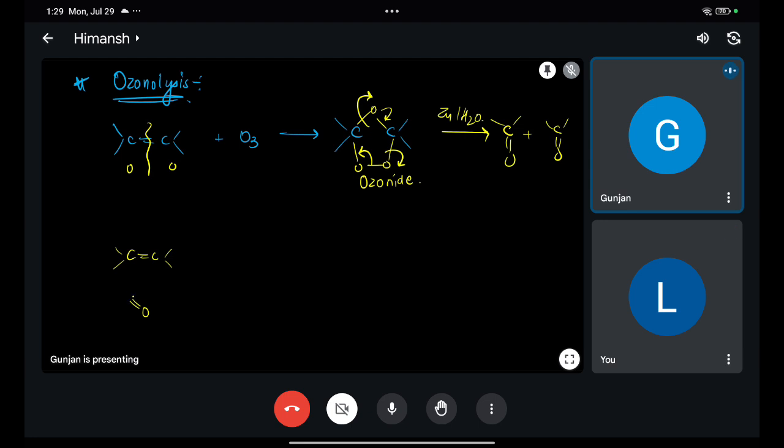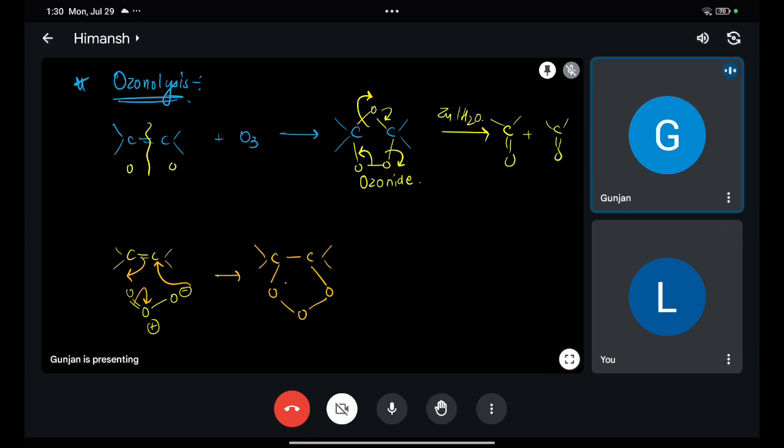Ozone is like this. Correct? So we have to go into the mechanism first of all. A negative charge will attack over here. This will attack over here, and this will be taking the electron back. So carbon-carbon single bond, oxygen, oxygen, oxygen, and a bond.